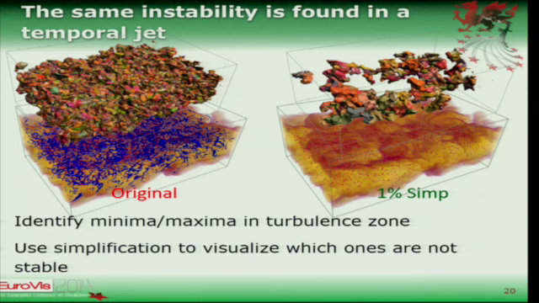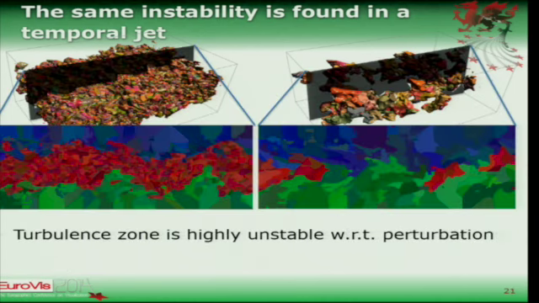And already now my turbulence zones do not seem to be very stable with respect to simplification. There's very small scale perturbation. And if we just give a cross section of these, they also tell a very different story.